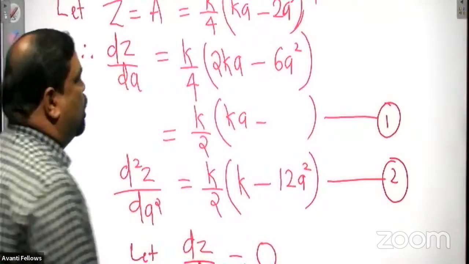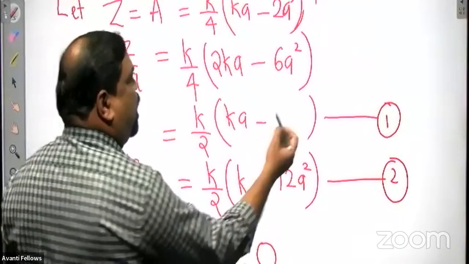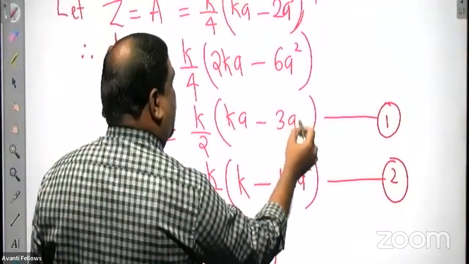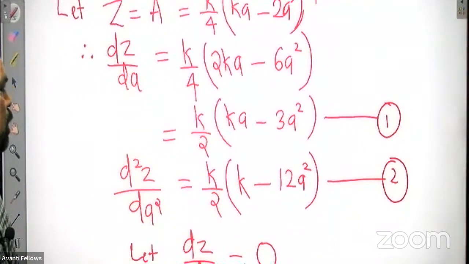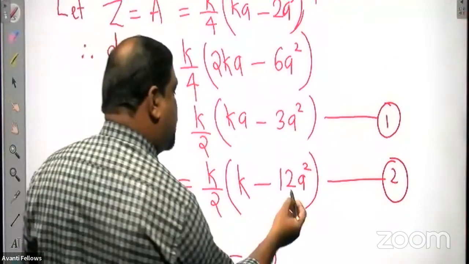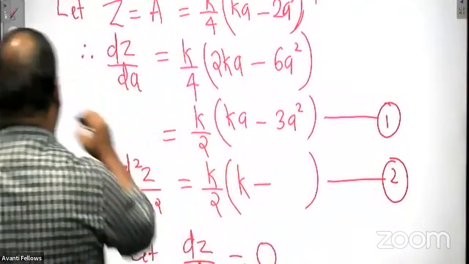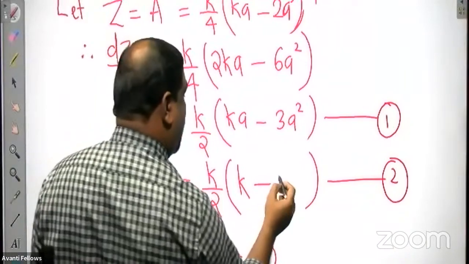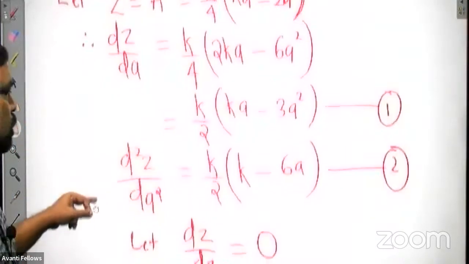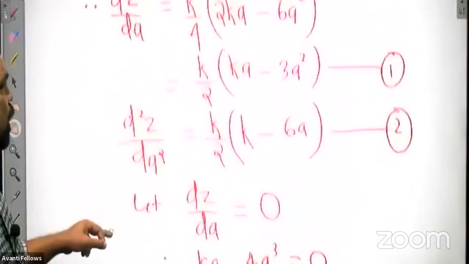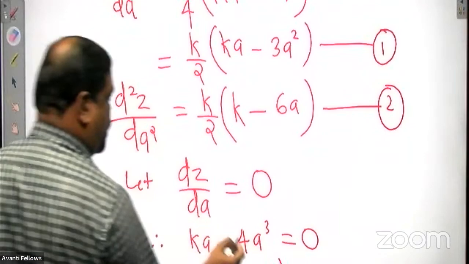If I take 2 outside, then k by 2 into ka minus 3 s square. Then the second derivative will be k by 2 into k minus 6a. So dz by dA equal to 0 means ka minus 3s square is equal to 0.